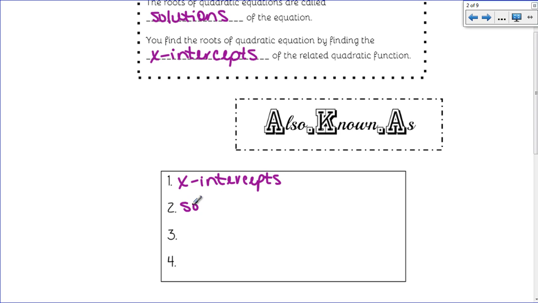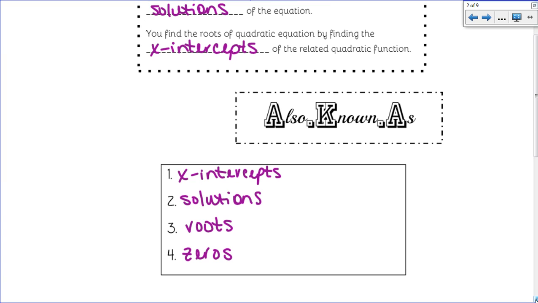Sometimes it was also just called a solution. It could also be called a root, and then it was called a zero, and all of those words meant the same thing. So if you were given a question that says find one of those 4 words, they're asking you for the same thing. They want you to solve the equation and find out what x equals. So that's what we're looking for.